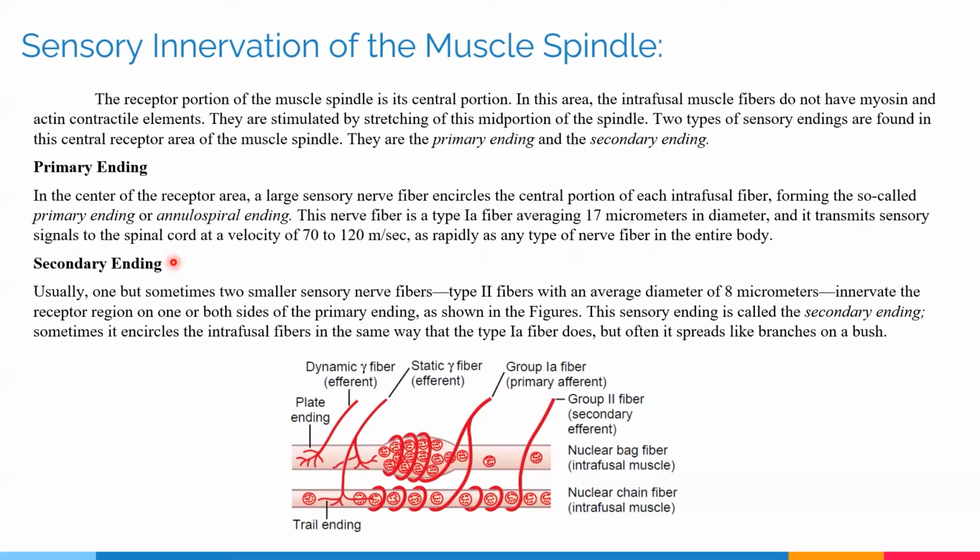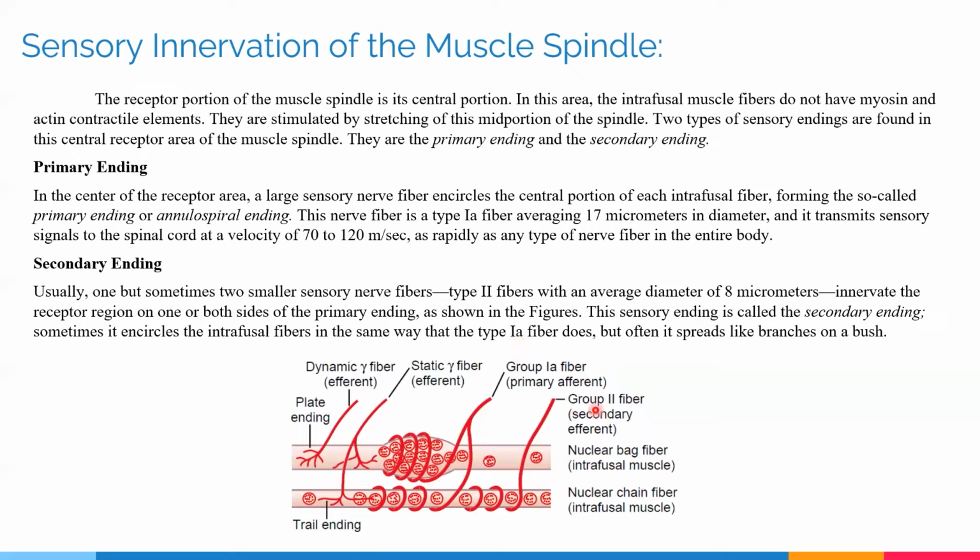Next, let us look into the secondary ending. Usually one, but sometimes two smaller sensory nerve fibers, which are known as the type 2 fibers, with an average diameter of 8 micrometers, innervate the receptor region on one or both sides of the primary ending, as shown in the figure right here.